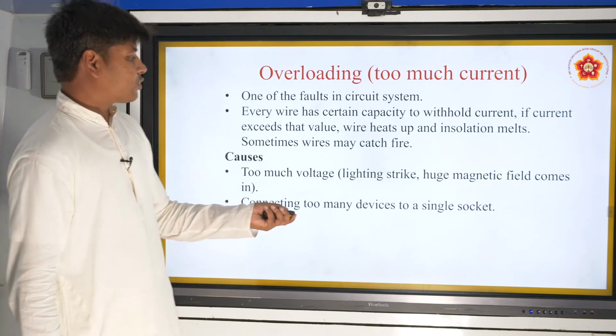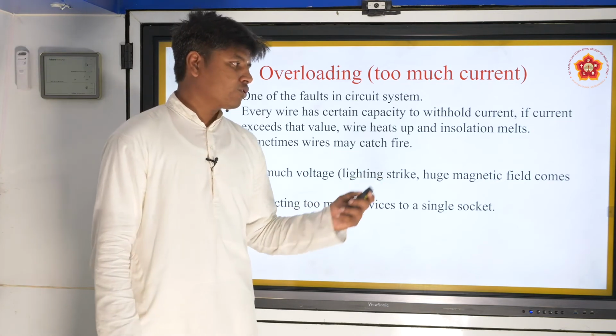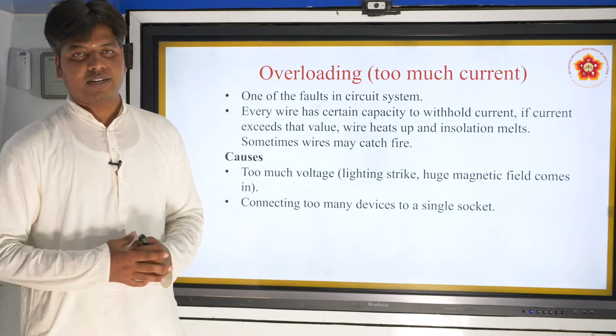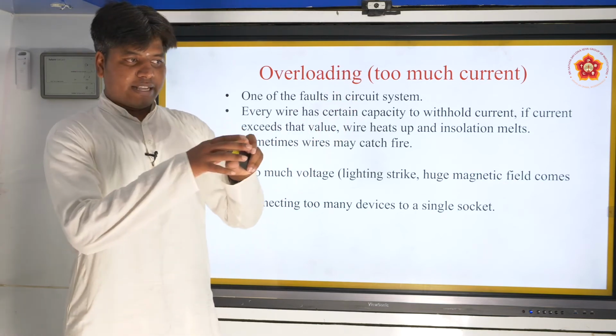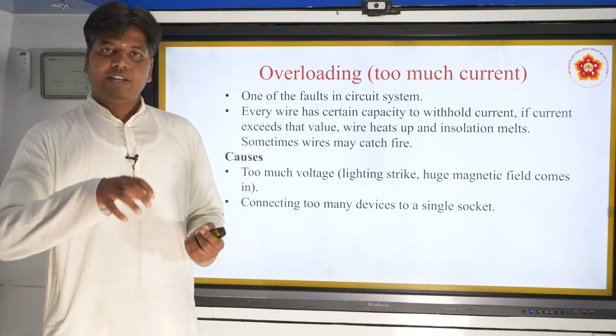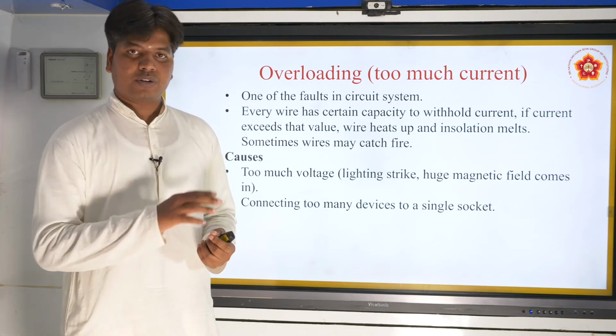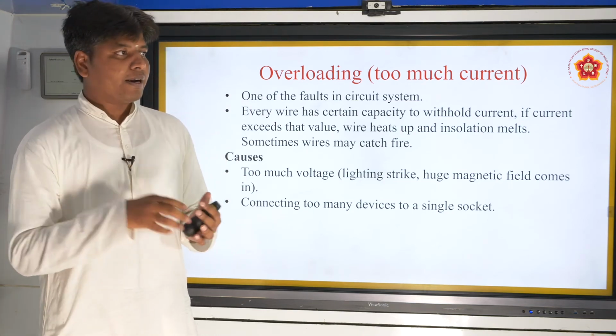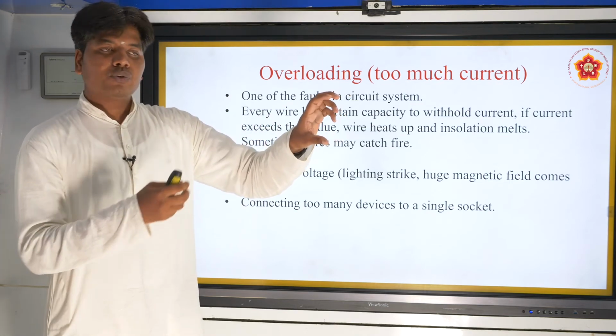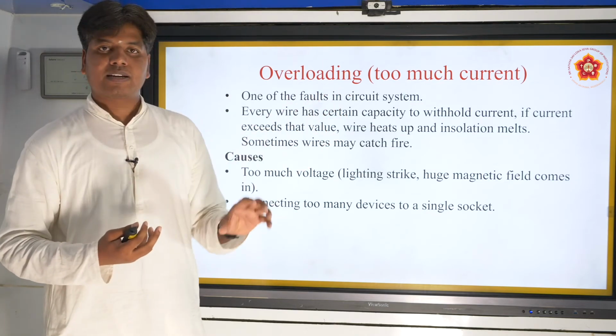Connecting too many devices to a single socket. These days we use extension boxes, right? So from one plug we take the socket and too many devices we attach to it. What happens? Too many devices draw so much current, but that plug is designed to draw, for example, 5 amps current.